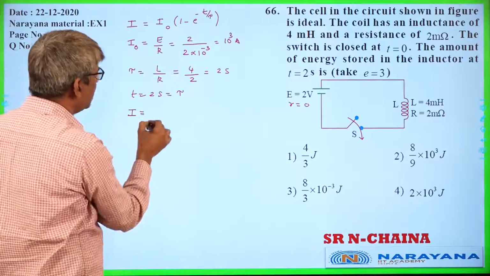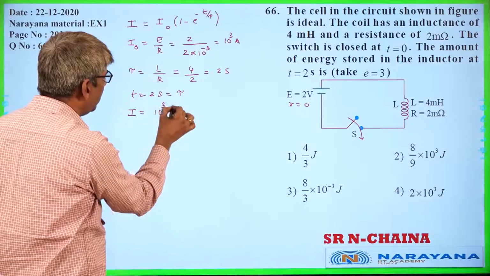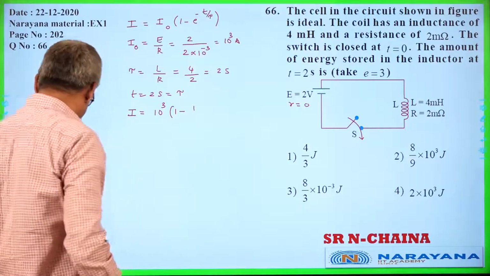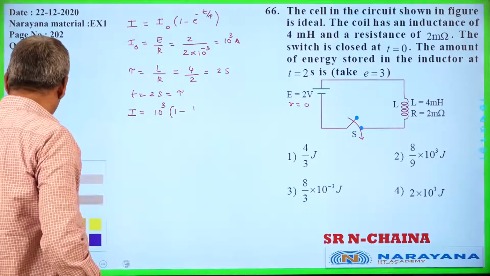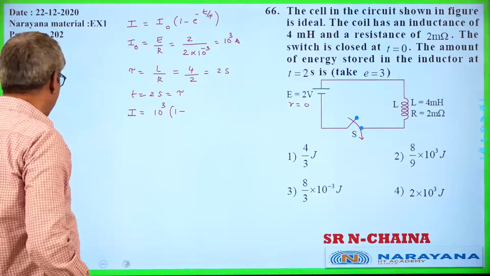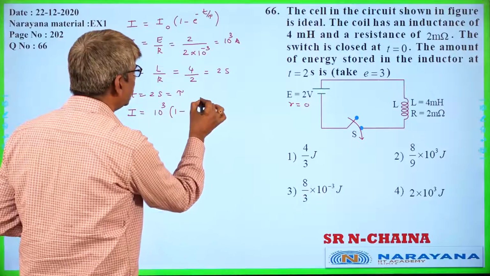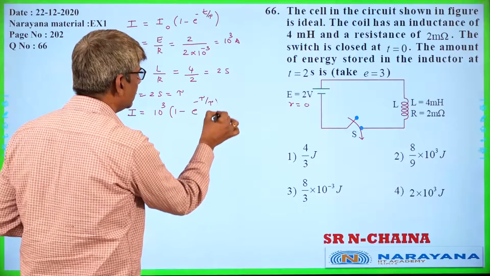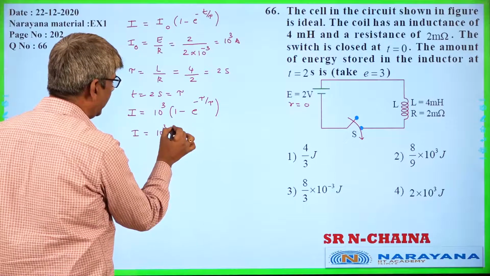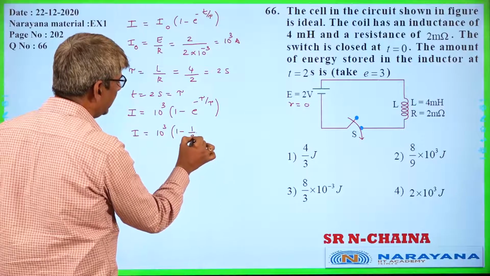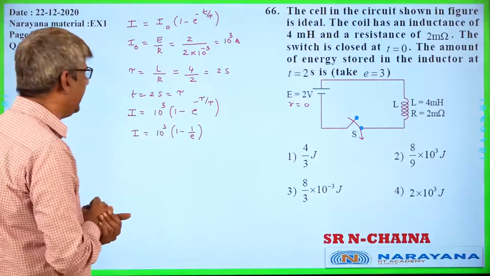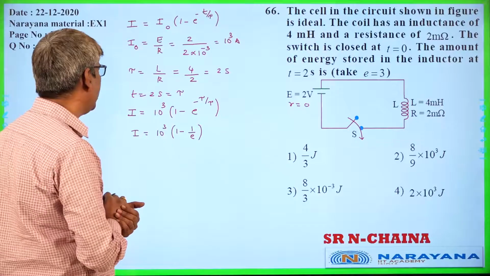Substituting all these values, I is equal to 10 cube into 1 minus e power minus tau by tau, so I is equal to 10 cube into 1 minus 1 by e. This is the value of I.